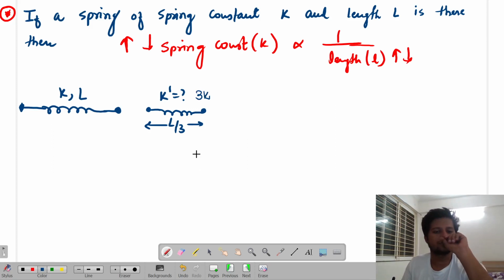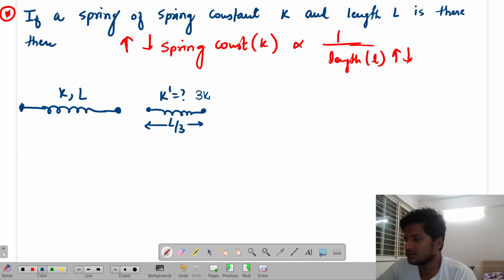Are you able to get me or not? So whatever is the cutting ratio, K dash becomes in that inverse ratio. Is that clear or not? Okay, so can I just move ahead?